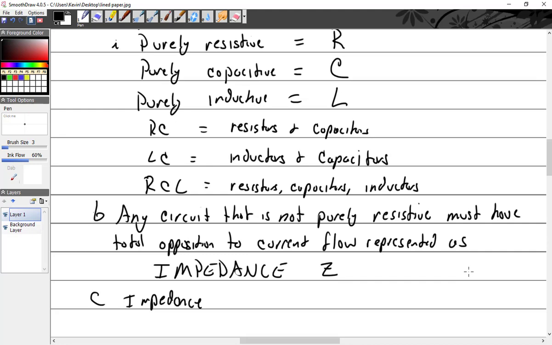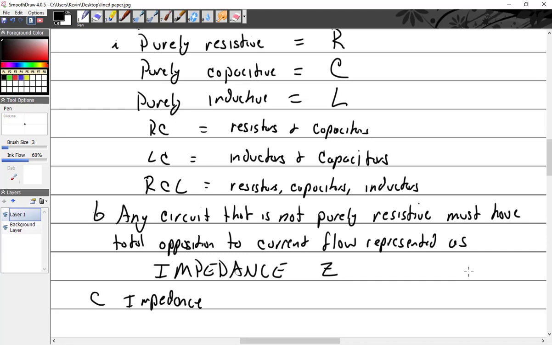Okay, so am I going to have R total, I total, R, L, and C totals? Well, no, I'm not. We can have an R total. We can definitely have inductive total, which is also called inductive reactance, or capacitive total, which is called capacitive reactance. But when you add up, I want to use the word add carefully. I don't mean add and plus. When you combine resistance and inductive reactance and capacitive reactance, you get impedance.